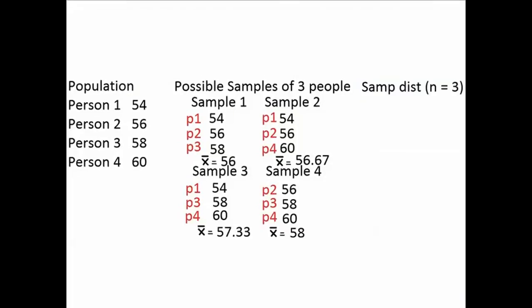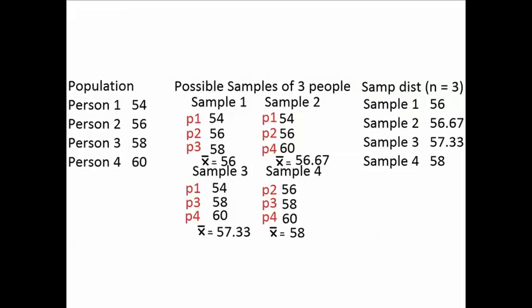And now that we know what the 4 sample means are, we'll just list them out over here. And these 4 sample means make up the sampling distribution for the sample size of 3, because these are just the means of all possible samples of 3 people that could be selected from this population. And you might have already noticed that these 4 sample means are packed in closer to the population mean than the 6 sample means that we had in our last example.